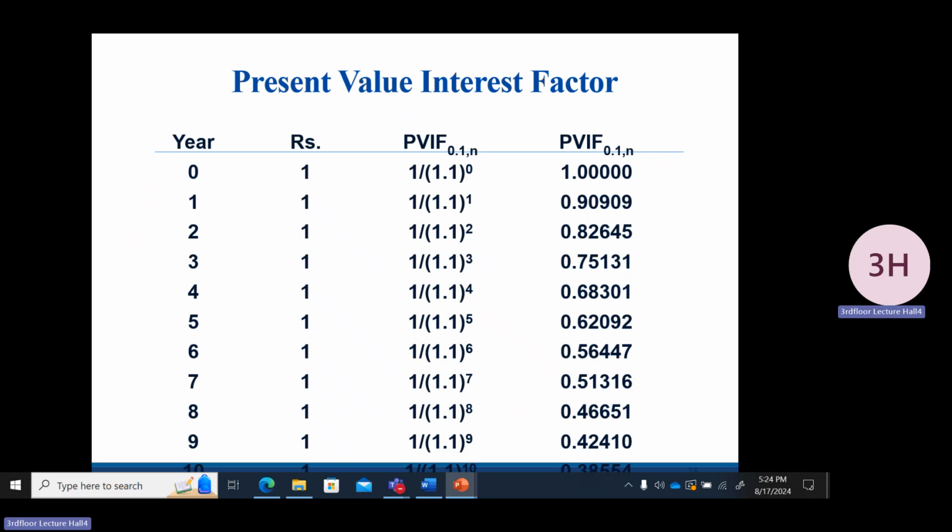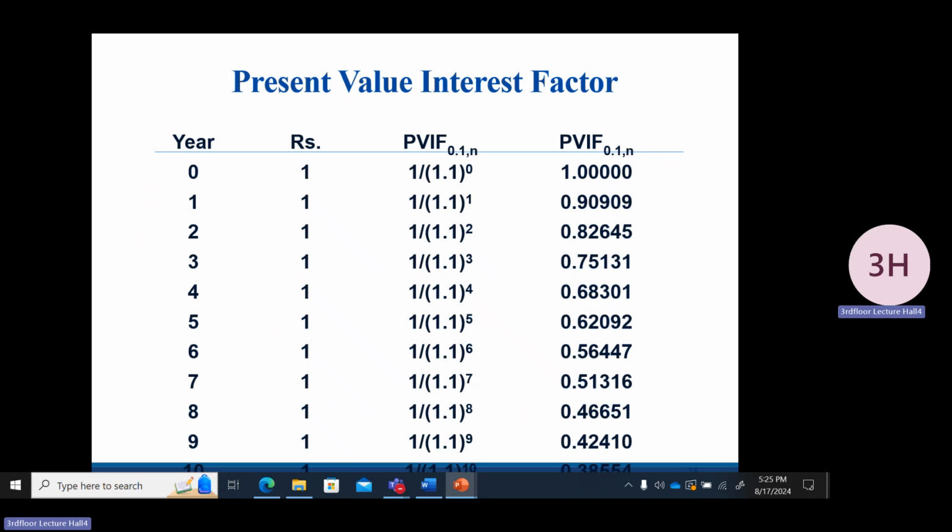That is our concept: money received today is more valuable than money received tomorrow. If you are getting that 1 rupee in 1 year, the value is 0.90. If you are getting the same 1 rupee in 8 years, the value is 0.46. Value is decreasing because of the time value of money.